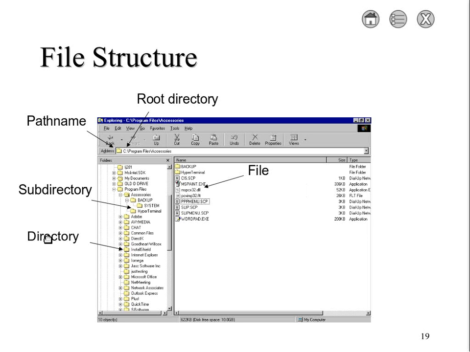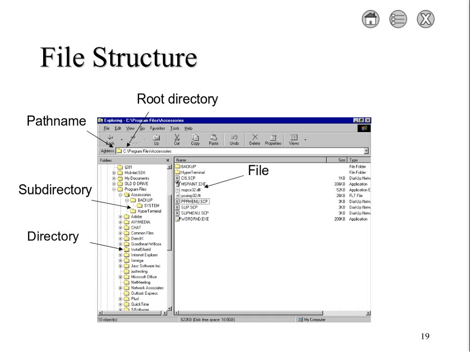But we can see that within the folder called Accessories, which is located within the folder called Program Files, we have both files and other folders. And there really is no limit to how far you could nest things like that, but typically they don't go much deeper than maybe 10 or 12 or 20 levels deep.